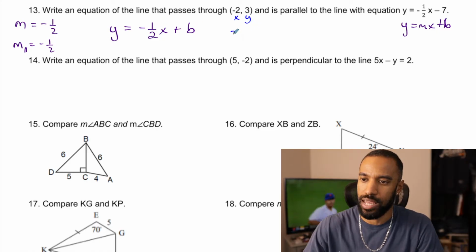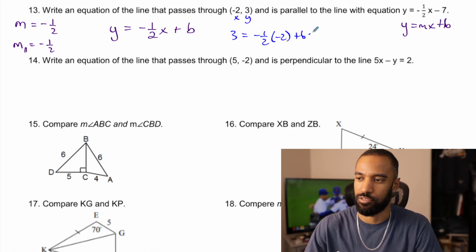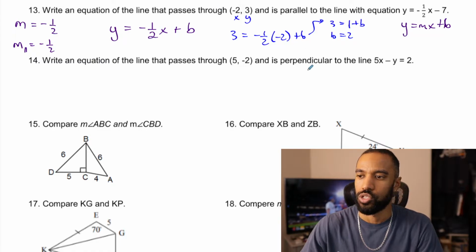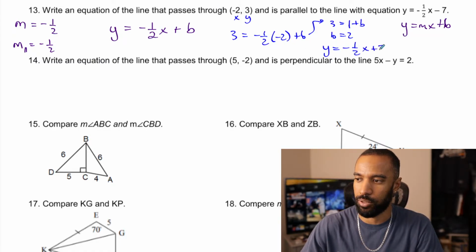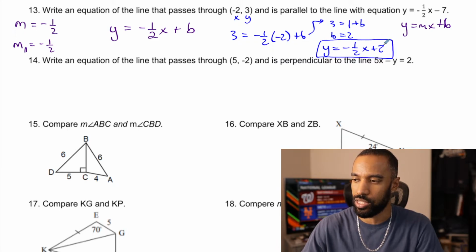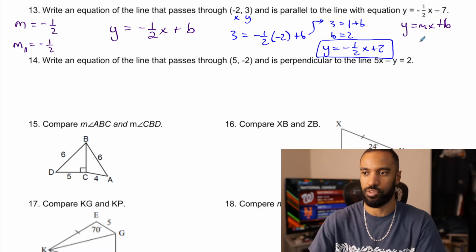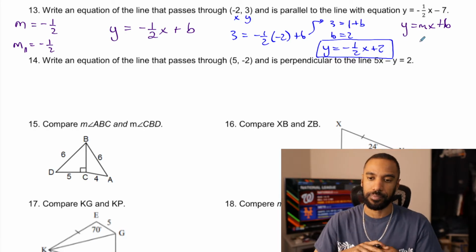And we'll say 3 equals negative 1/2 times negative 2 plus b. Negative 1/2 times negative 2 is 1. So 3 equals 1 plus b, or b equals 2. So this equation will be y equals negative 1/2 x plus 2. That is the y-intercept of this one right here. This one had y-intercept of negative 7. This is y-intercept of 2. They're both parallel to each other like that.